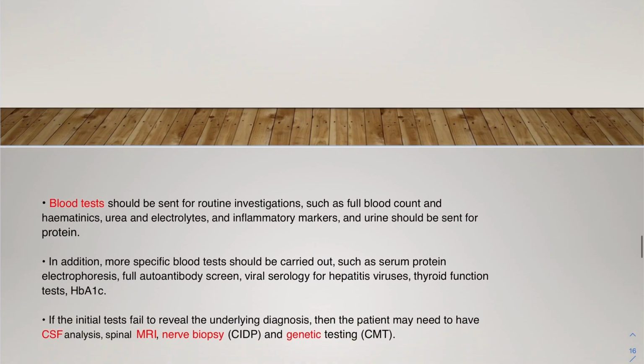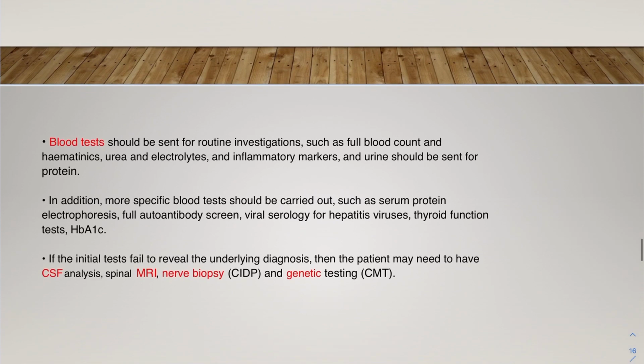Okay. Then obviously we would like to investigate further. We would like to do some blood tests, including the full blood count, hematinics, urea and electrolytes, inflammatory markers, and urine will be sent for protein. More specific tests can also be carried out. If you cannot find any cause, then you want to do protein electrophoresis. We want to do a full antibody screen, serology for hepatitis viruses, thyroid function tests, hemoglobin A1C.